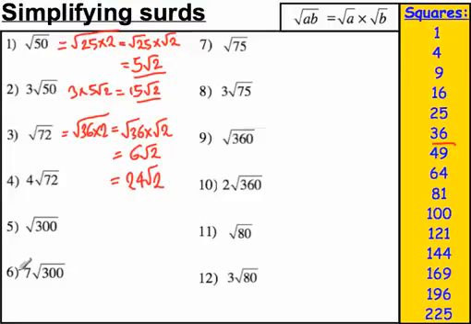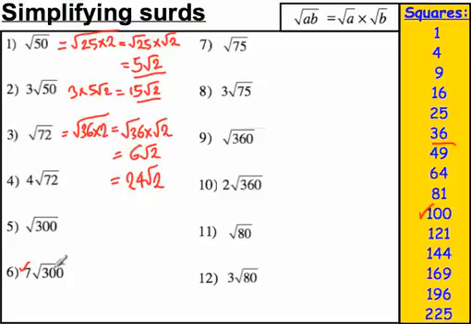Imagine this one came up in an exam and you hadn't previously worked out what the square root of 300 is. Well, what you would do is on a bit of side paper or a little bit of working, you would try and simplify the square root of 300. What square numbers go into 300? 225, no. 196, no. Etc., until you get to 100, that does.